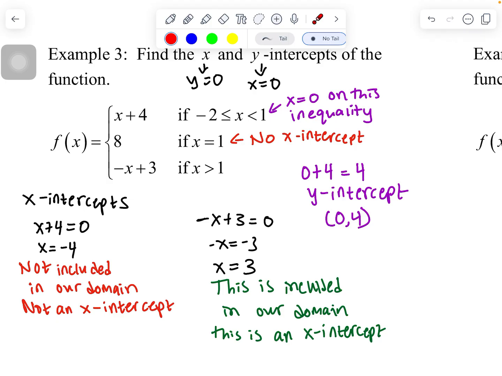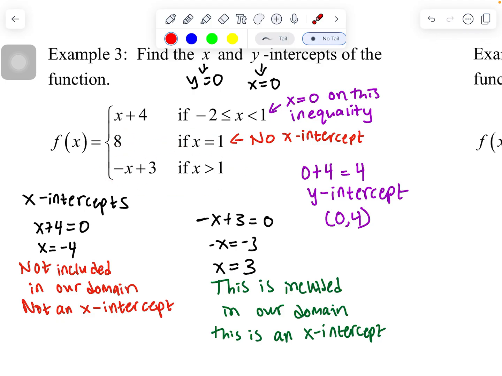Again, for x-intercepts, set your piece equal to 0 and solve for x. Figure out if that x works in the inequality for that piece. In this case, because -4 is not in this inequality, we stopped at -2, we did not have an x-intercept on this piece. This one is just a number, which means we don't have an x-intercept.